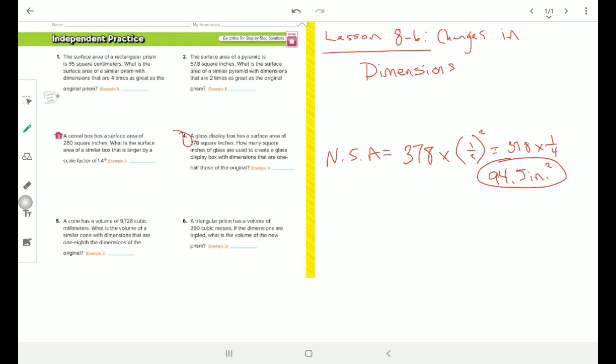Okay, so taking a look at number 5, we're dealing with volume. So my new volume is going to equal my original volume, which is 9,728 cubic millimeters. And we're trying to find the volume of a similar cone with dimensions that are 1/8 of the original.